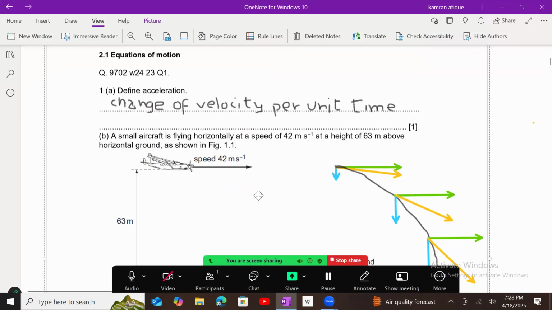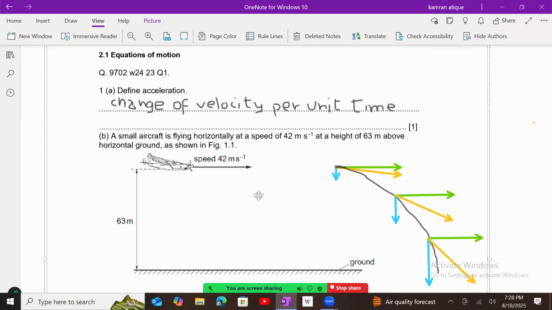Assalamu alaikum. Before starting today's next question from the topic of kinematics, physics course 9702, the next past paper question, I want to share some answers which were being queried by my students after listening to yesterday's question's solution.